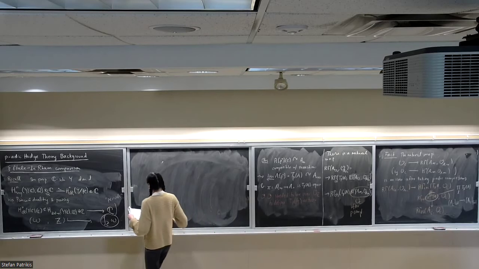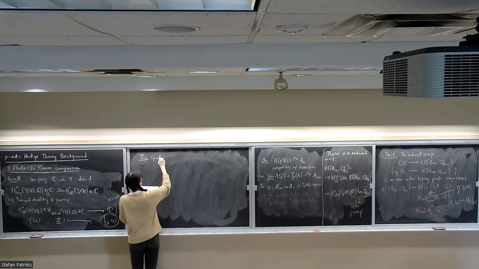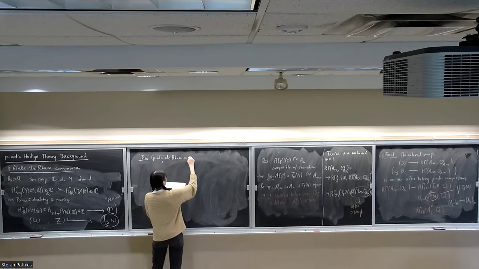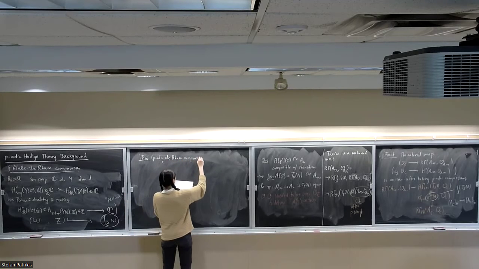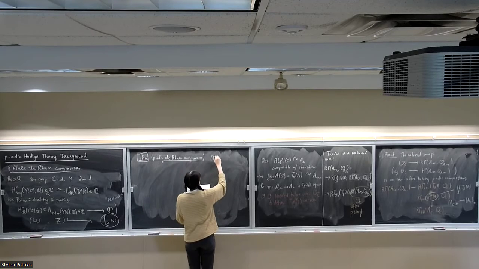So that's the next theorem, called the p-adic de Rham comparison, also proved by Faltings.